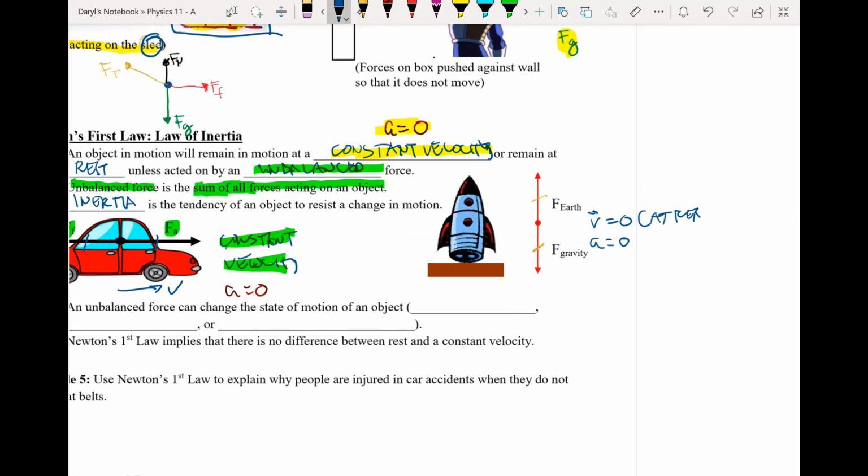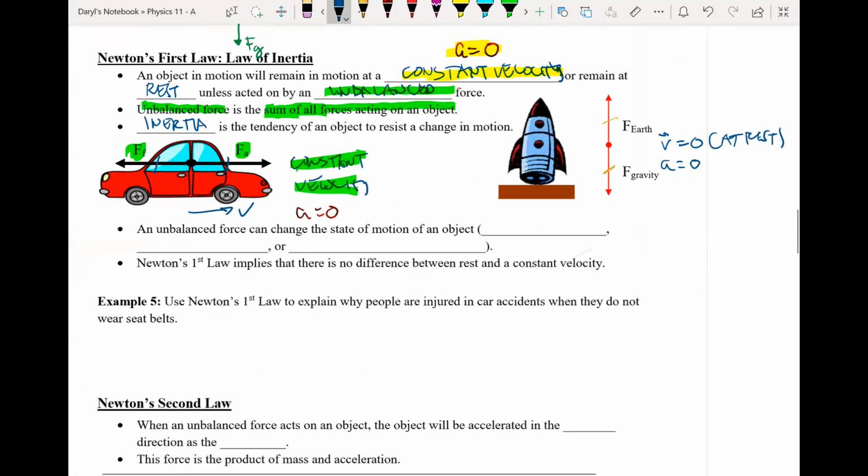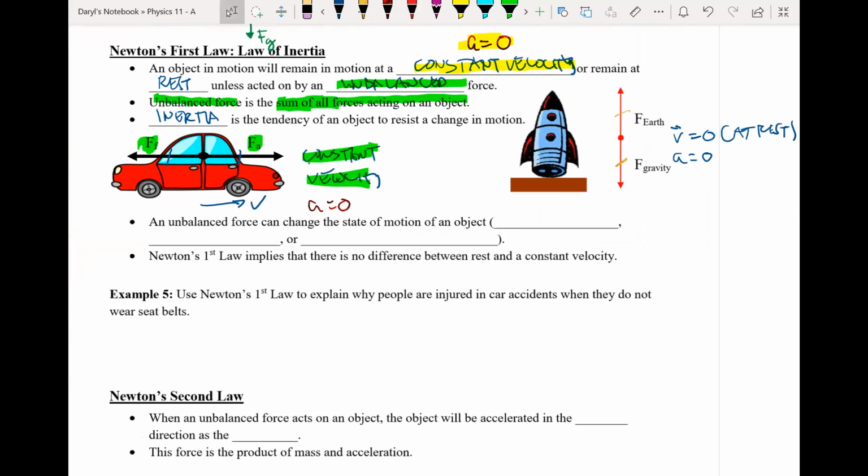So when V is equal to 0, the other way of saying that is that the object is at rest. An unbalanced force can change the state of motion of an object.